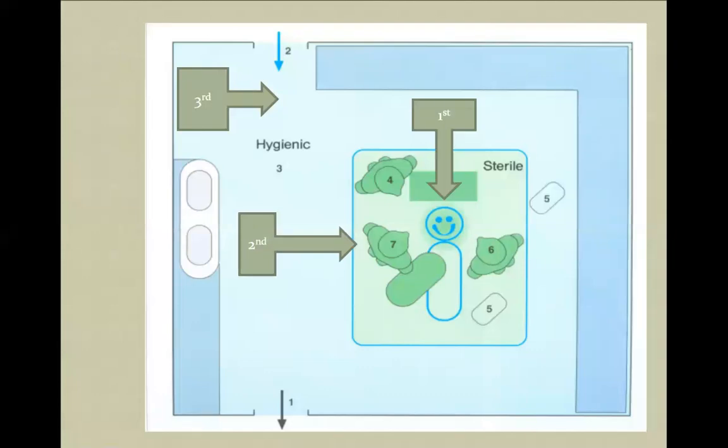Usually we're talking about 24 square meters of OP theater that should have a hygienic zone and a sterile zone, provided by a modern dental chair, good illumination, minimum 300 lux, and, also very important, a surgical suction which is strong enough, because you're working with blood, saliva, and saline solution that will irrigate your drills.